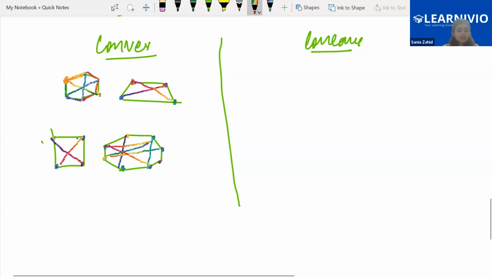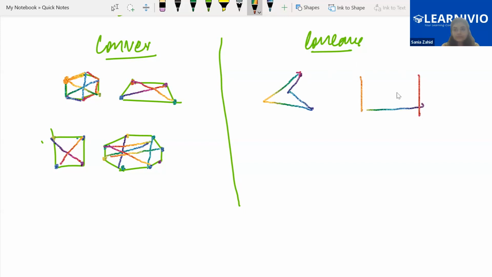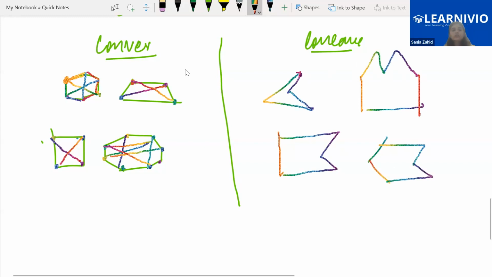Now I'm trying to draw another example. I have this one particular figure. This is another figure. This is one more. Okay, so over here, what are the vertices?